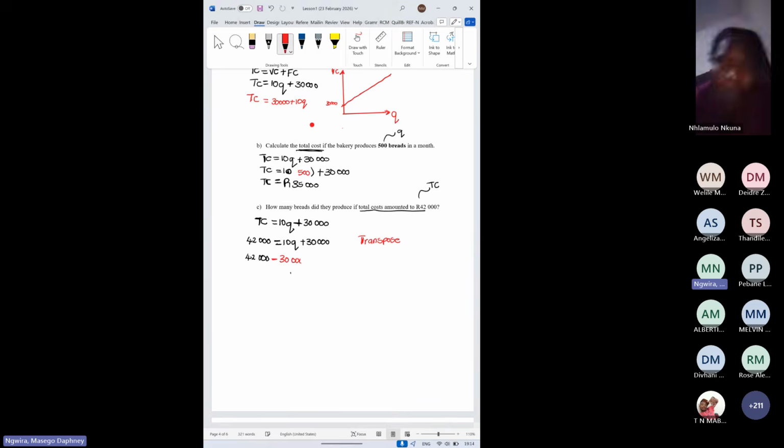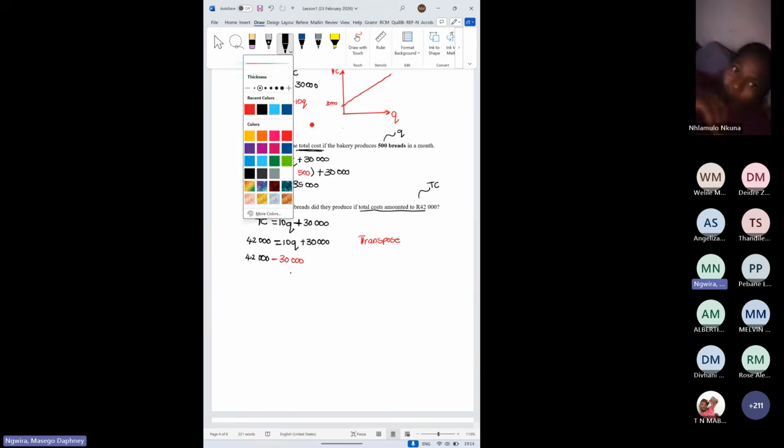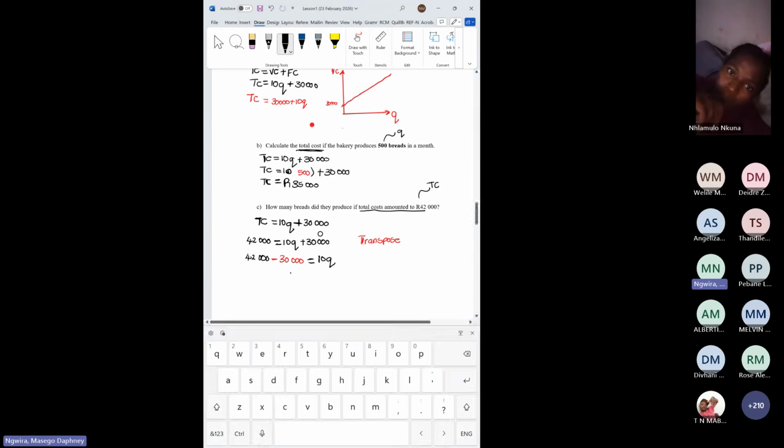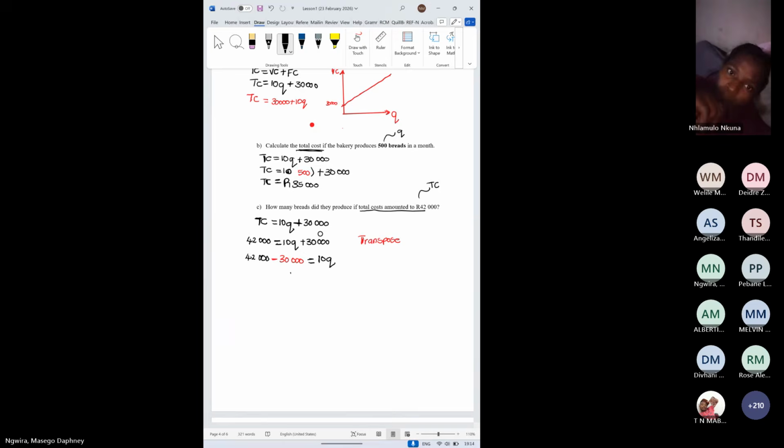I normally say I take it to the other side, but we transpose. On this side I'm left with 10Q, and 42,000 minus 30,000 gives 12,000.